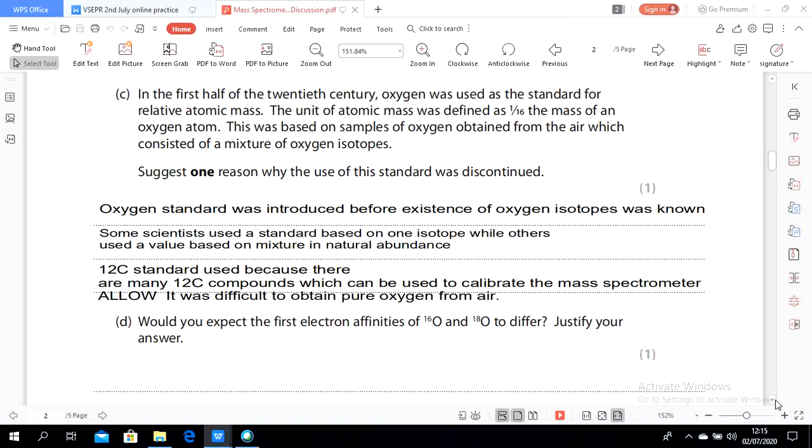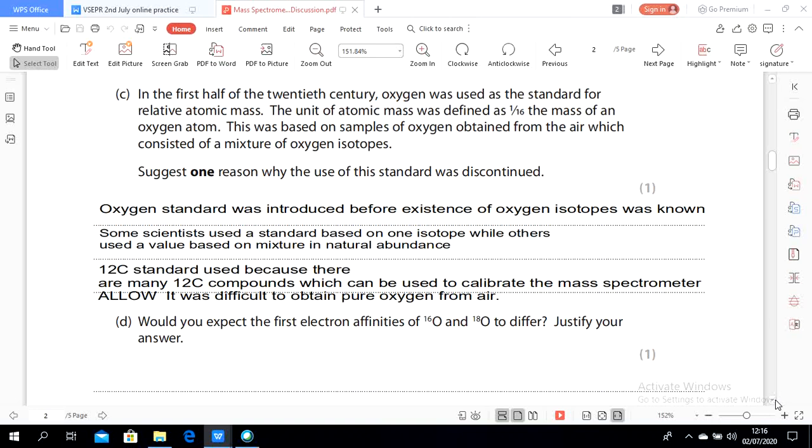And then another answer could be: carbon-12 is the standard because there are many carbon-12 compounds which can be used to calibrate the mass spectrometer. Also, it's quite difficult to get pure oxygen from the air. Pure carbon, many, but pure oxygen is difficult.